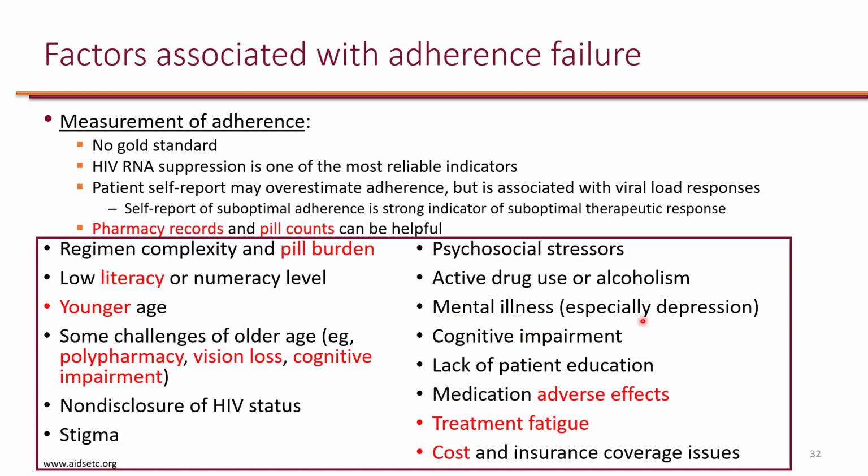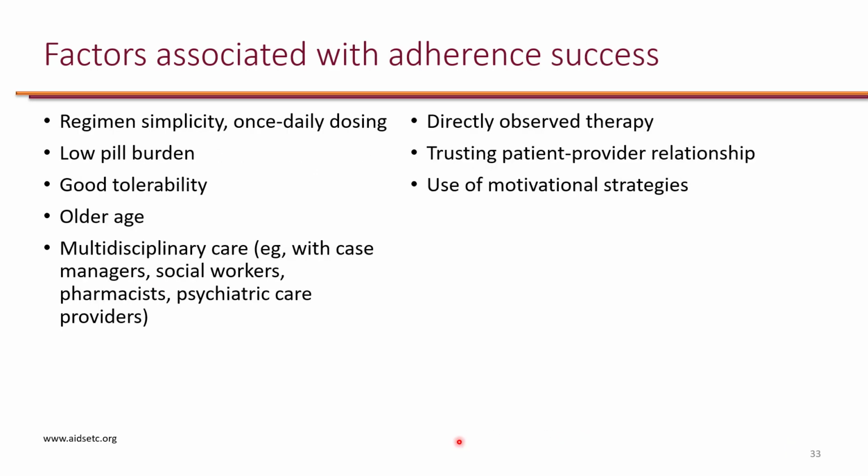Mental illness, of course, can lead to reduced adherence, and of course, medication adverse effects. So if somebody's experiencing this, they're less likely to want to continue to take it, especially if this is a lifetime commitment, which can result in treatment fatigue, because they have to keep taking this pill every day for the rest of their life. And occasionally, cost and access to the medication can be an issue.